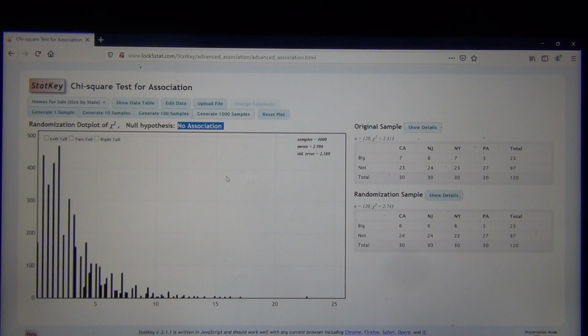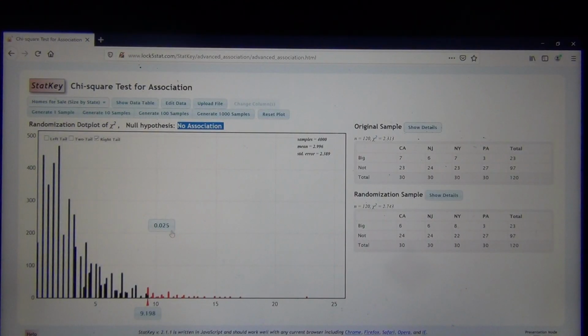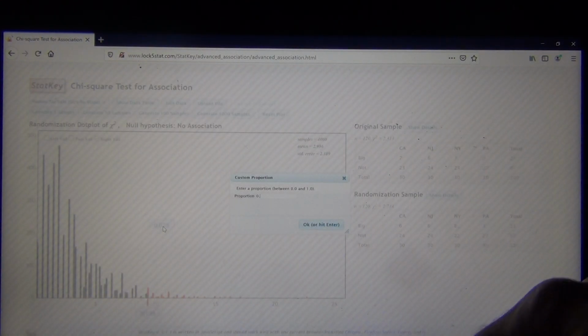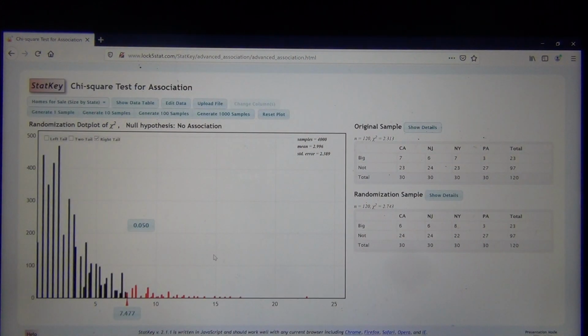There we go. Remember, we learned a categorical association test is a right tail. So we're going to click right tail. Did they tell me in the problem? Yes, they did. They want us to use a 5% significance level. So I'm going to put in 0.05 in the tail. So here's where our tail begins. This would now be a critical value, or an estimate of the critical value.